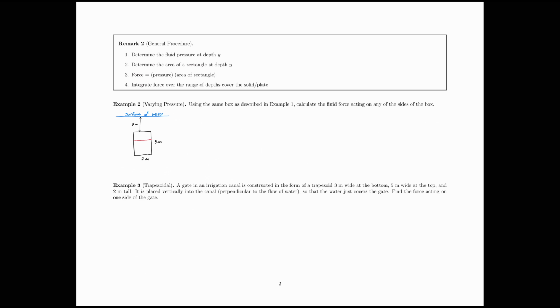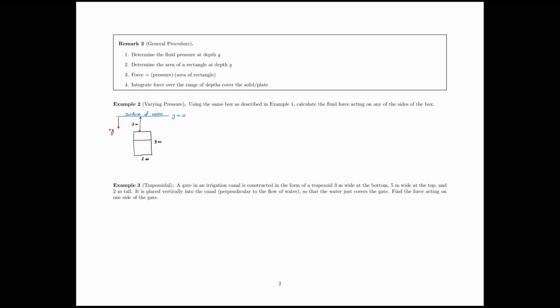And I'm going to go ahead and say that I made this slice at some y value y. So what I'm going to do is say that the surface of the water coincides with y equals 0.